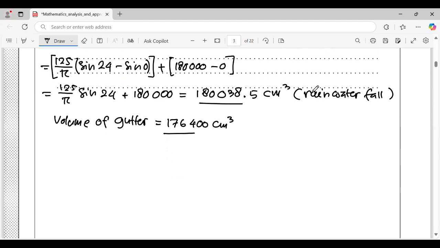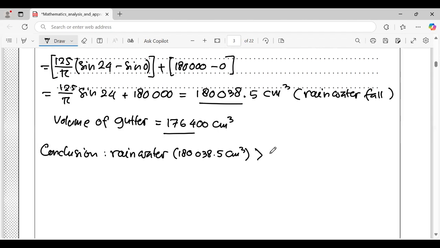Look at the rainwater number, greater than the volume of gutter. So conclusion, rainwater, 180,038.5 centimeters cube is greater than the volume of gutter.